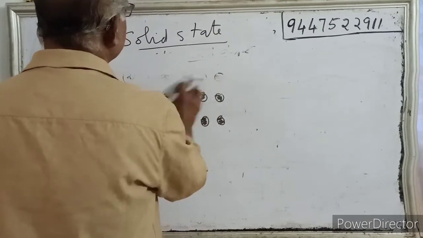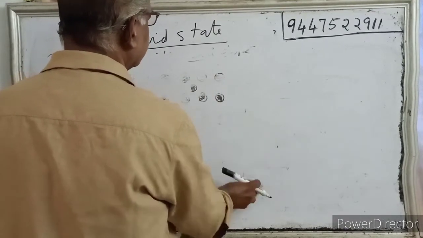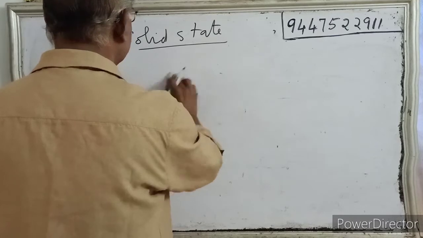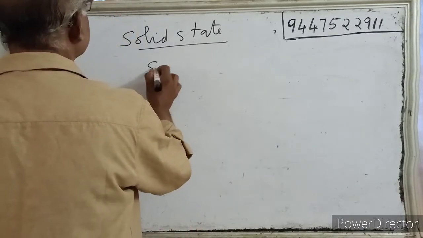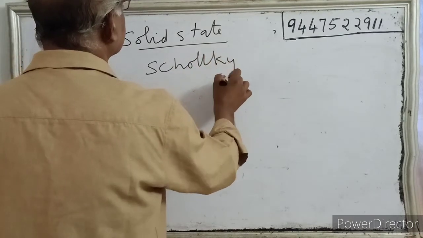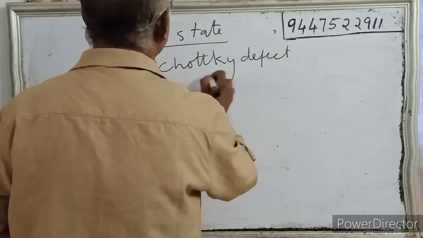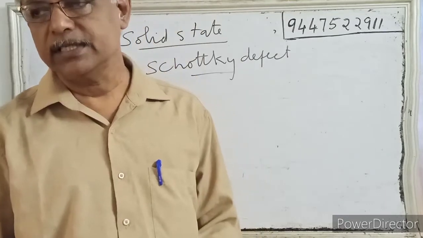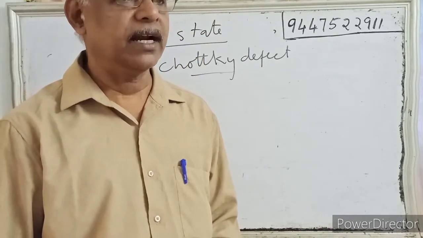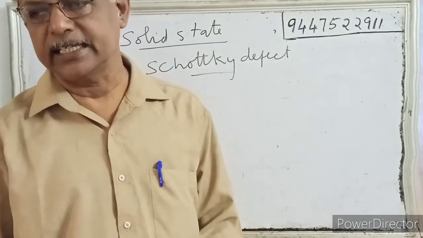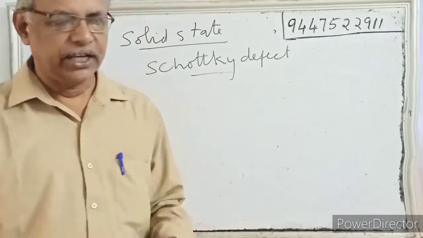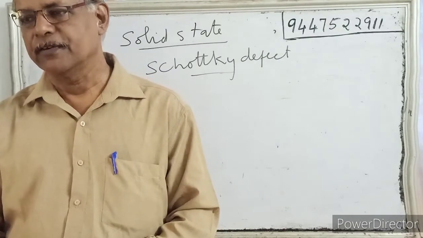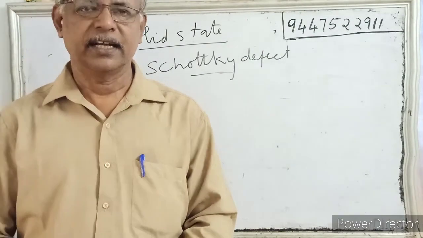Then third, Schottky defect. In Schottky defect, equal number of cations and anions are missing from their normal position in the crystal lattice.